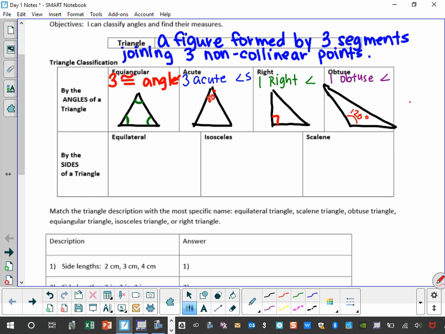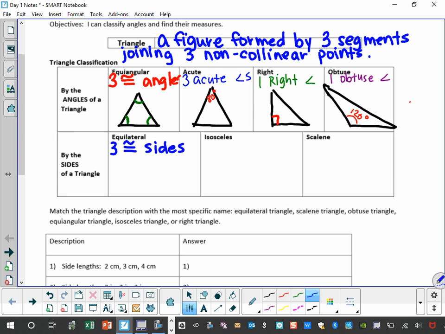Alright, you can also classify by the sides. For your sides, if it's equilateral, you have 3 congruent sides. You see the difference between equiangular and equilateral? If it's equiangular, we're talking about angles.